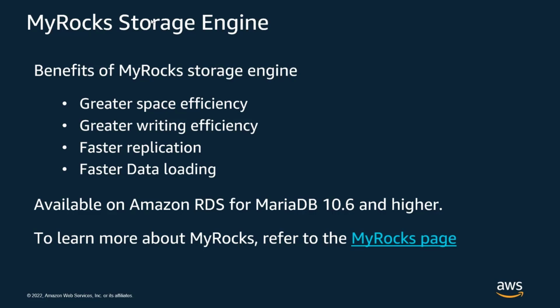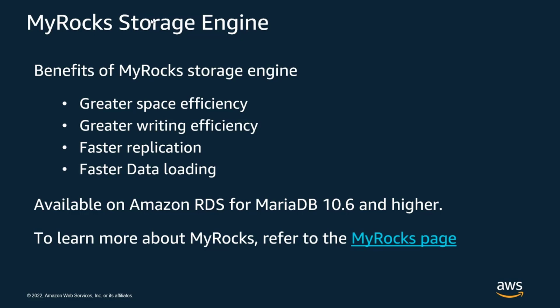You can do faster replication because MyRocks doesn't need to update secondary keys and doesn't need random reads associated with those. And you can also achieve faster data loading due to lesser compaction overhead with MyRocks. Now, of course, the actual gains that you will see for your specific workloads are dependent on the workload itself, as well as your parameter configuration and the infrastructure that you're running behind it.